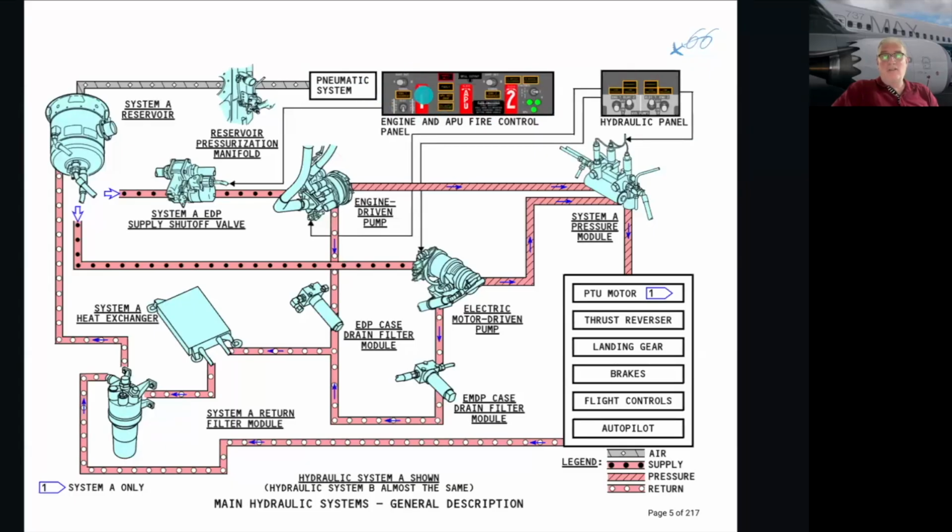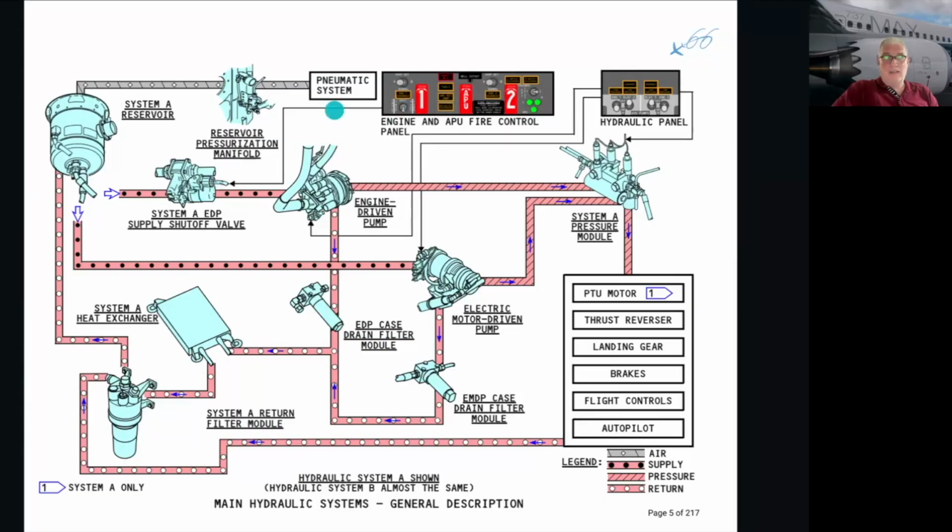What has the fire got to do with hydraulics? If there is a fire and you pull the handle to stop the services, one of the services is hydraulics. So an engine fire shuttle valve will operate, this one.